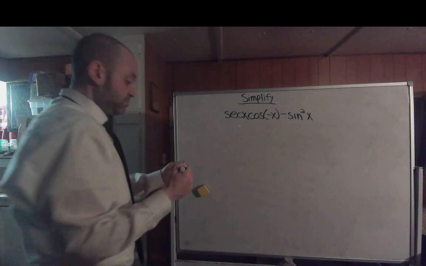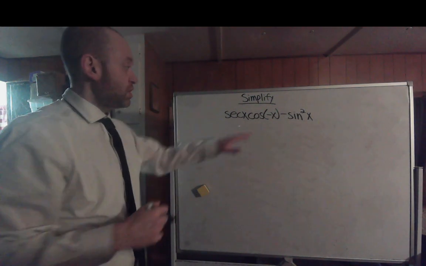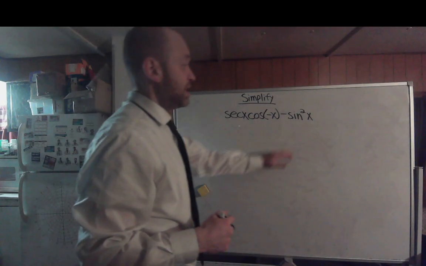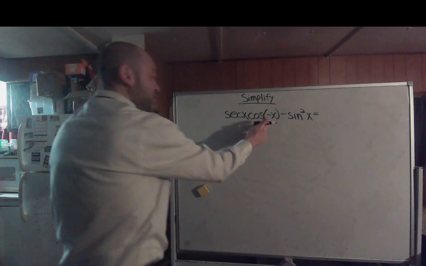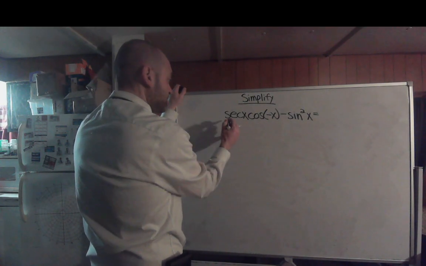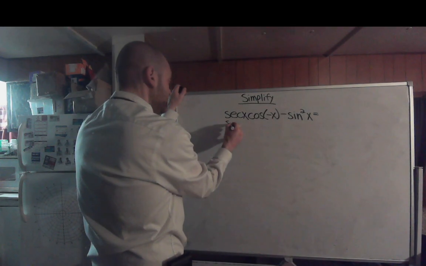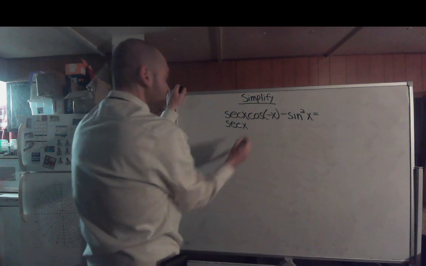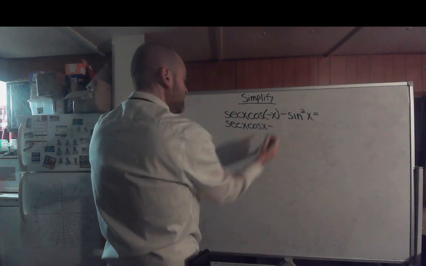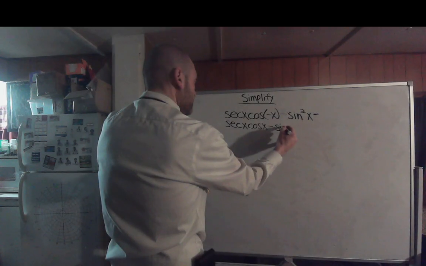So we've got to simplify secant of x, cosine of negative x, all that minus sine squared of x. Okay, so let's deal with that negative identity. What's the cosine of negative x? Well, that becomes the cosine of positive x. So you'd have secant of x, cosine of positive x, minus the sine squared of x.